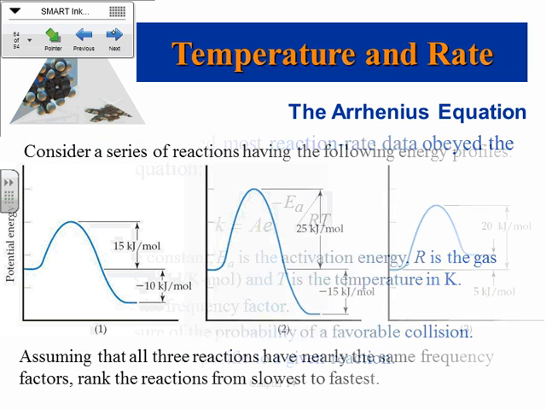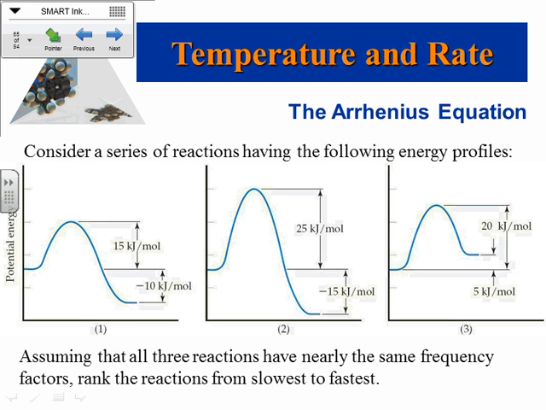So, assuming they have the same frequency factors, you should be able to look at all three of these and figure out fairly easily which one is going to be the slowest. The slowest is going to be the one with the highest activation energy. So the one with the highest activation energy is obviously the one in the middle here. Then we probably need to look at the numbers on these two. One is 15.